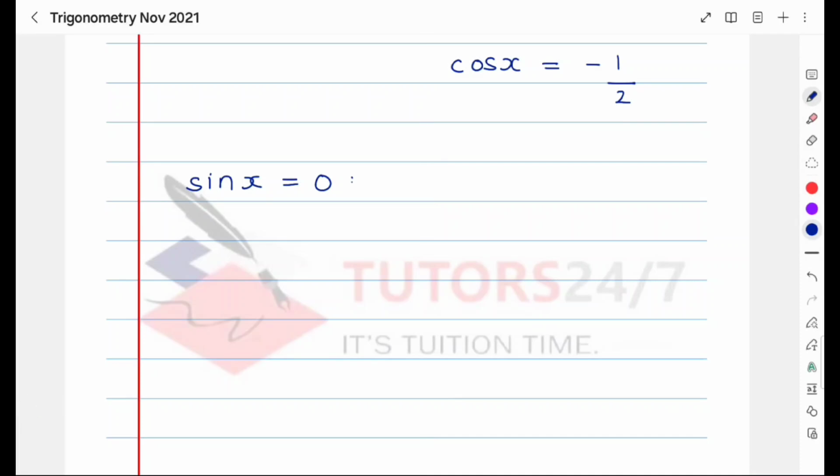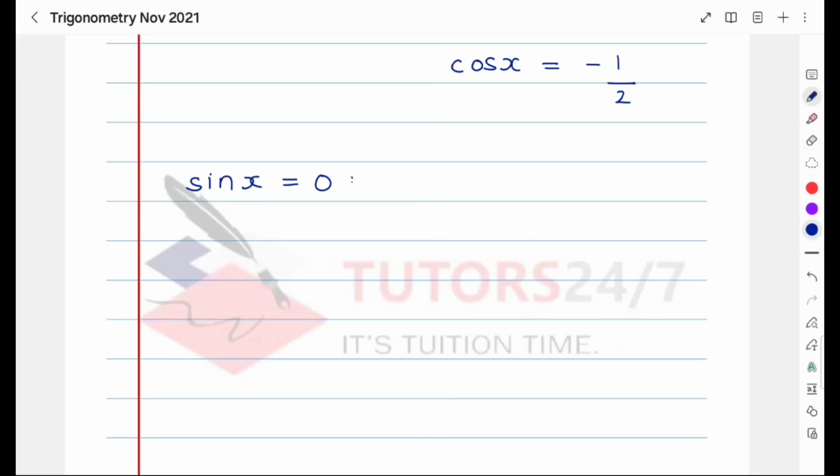If we were to draw a sine graph, a basic sine graph, you will be able to identify that sine x is equal to 0 at x is equal to 0, x is equal to 180, and x is equal to 360, and so on and so on. So from there, what we are going to do is choose one of those points. We are going to choose the point of 180.